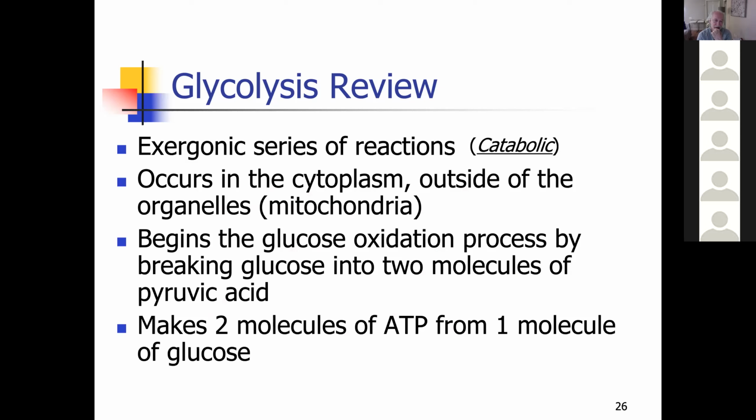It begins glucose oxidation by breaking glucose into 2 molecules of pyruvic acid, and it makes 2 molecules of ATP, starting with 1 molecule of glucose. And the 2 molecules of ATP come along with 2 molecules of pyruvate.